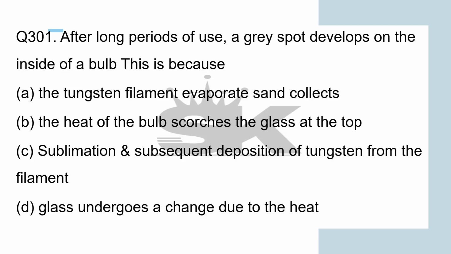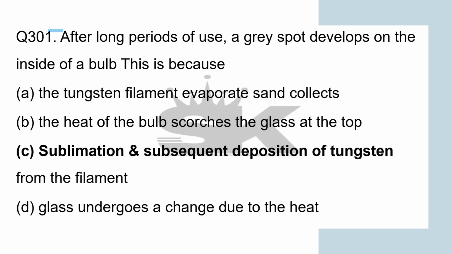When the filament, typically made of tungsten, heats up, it undergoes a process called sublimation, where it transitions directly from a solid to a gas state without becoming liquid. This tungsten vapor then condenses on the colder inner surface of the bulb, forming a grayish black layer. So here the answer is option C.